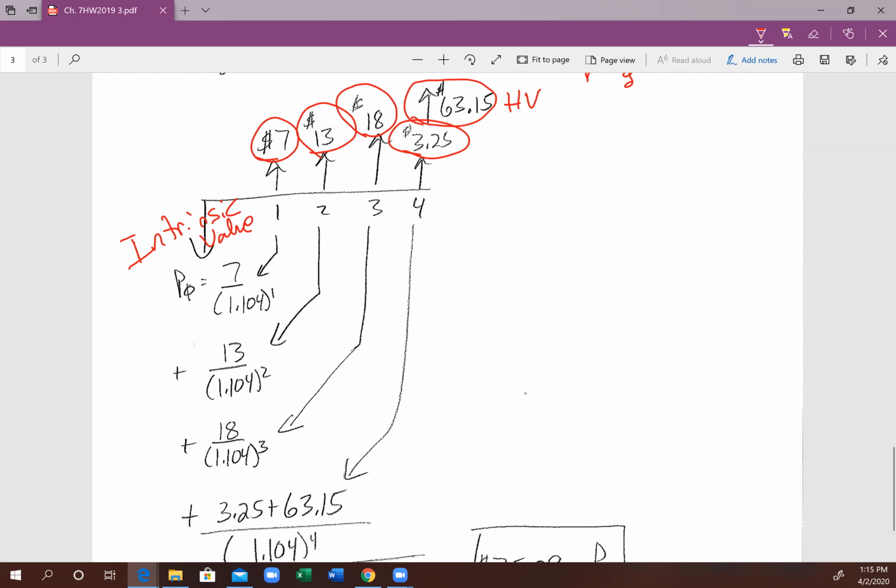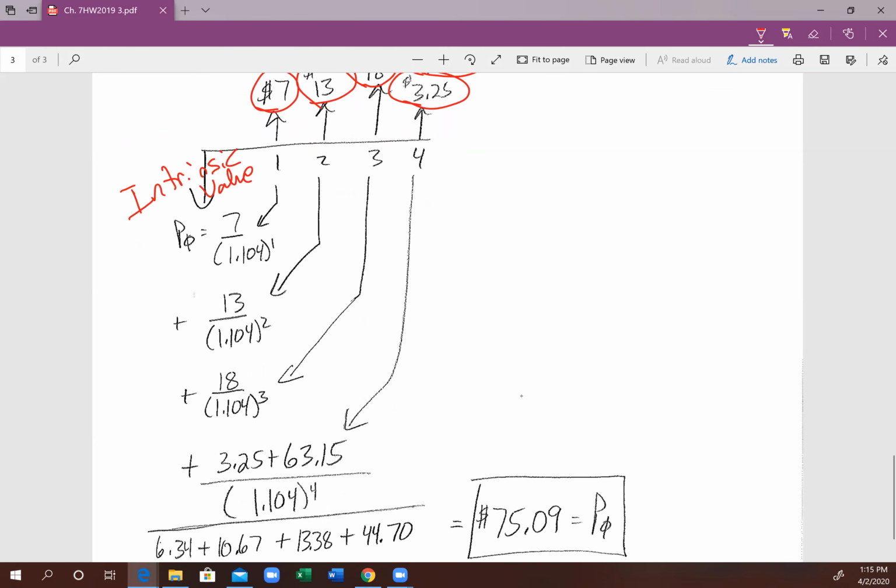So if we want to find the intrinsic value, we need to find the present value of each of those cash flows. The present value of the $7 1 year from now, the $13 2 years from now, the $18 3 years from now. And this is important. We need to find the 3.25 and the horizon value, which is sitting really at the beginning of year 5, but we called it P4.